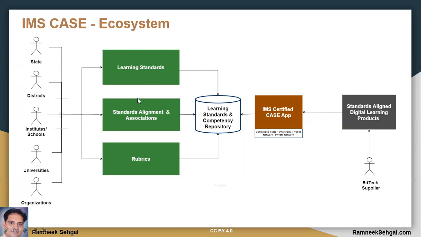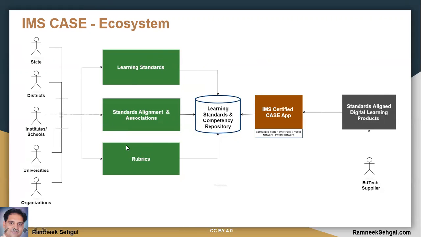So let's take one example. Let's say Common Core has defined a standard, and then schools and districts have adopted that particular standard, and they have aligned various content, and they have also defined the rubric for how they want to achieve it.